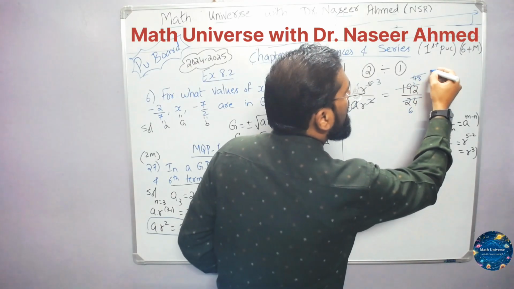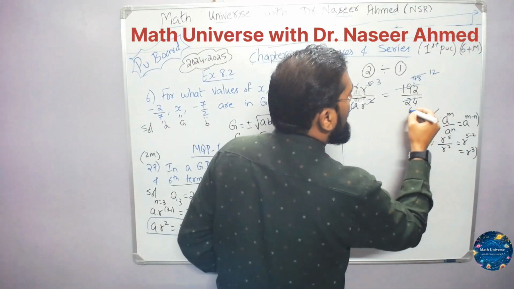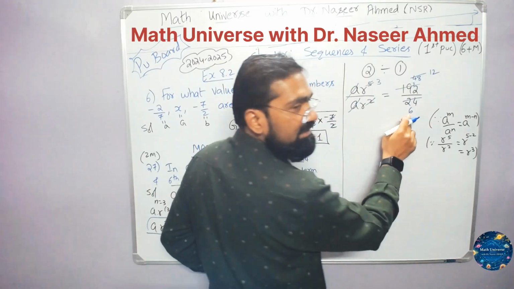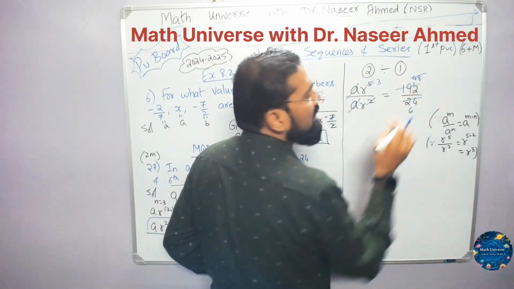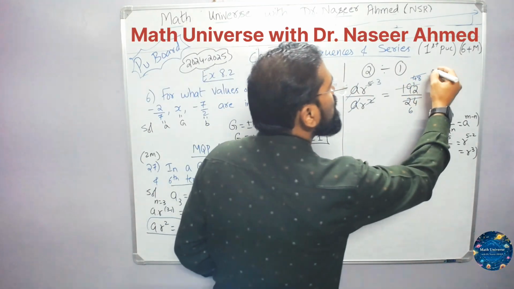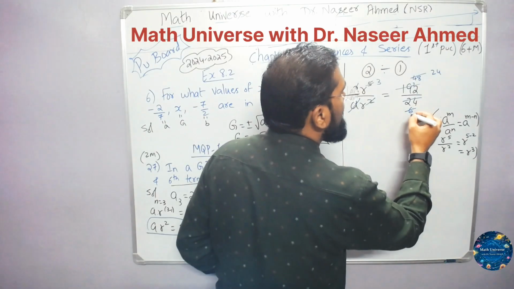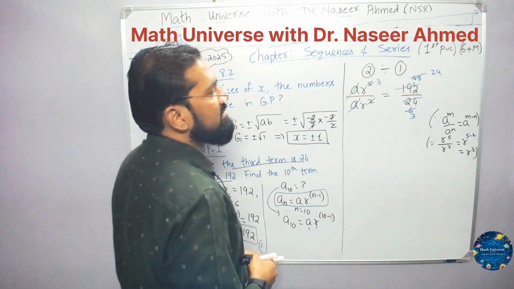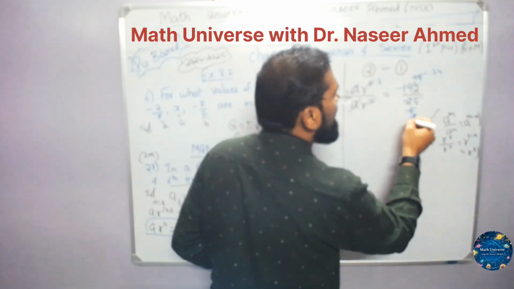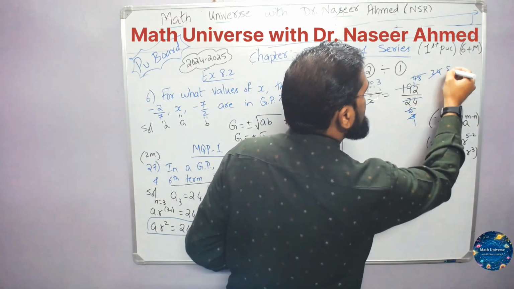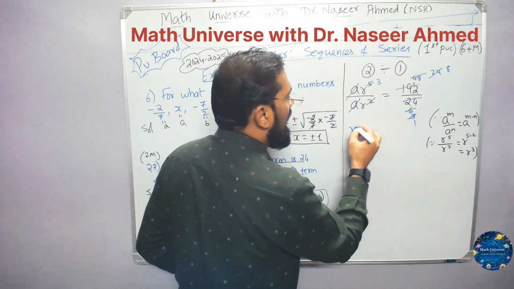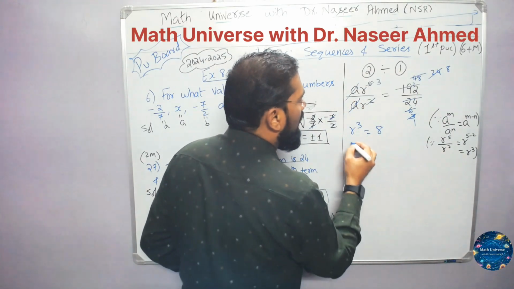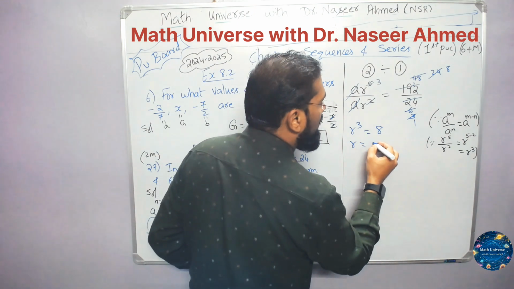Next, when I divide again, 4 is not possible here, so I will change the divisor from 4 to 2. 2 2s are 4, 2 4s are 8, and 2 3s are 6. Anyway, I could have divided by 6 only. 3 1s are 3, 3 8s are 24. So we have got r cube is equal to 8, or r is equal to the cube root of 8.